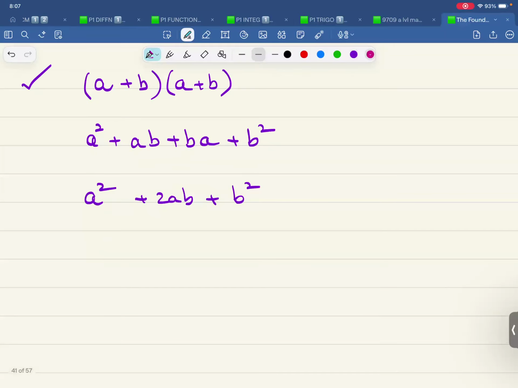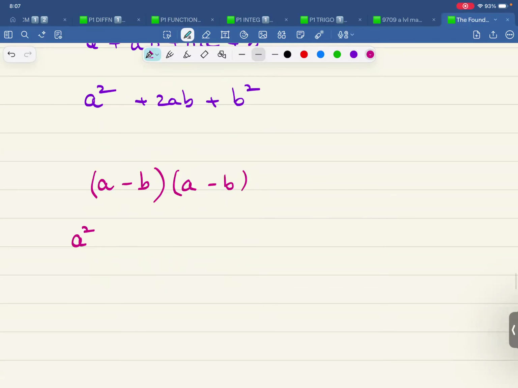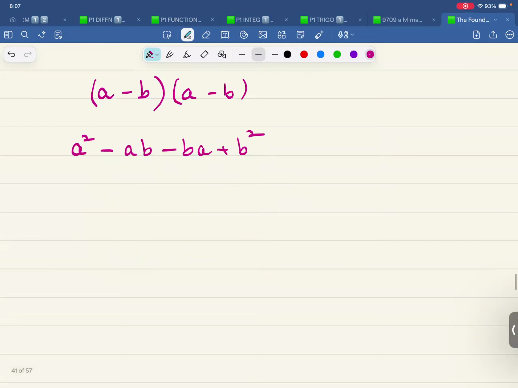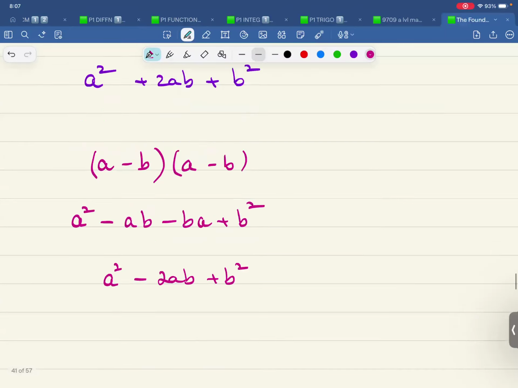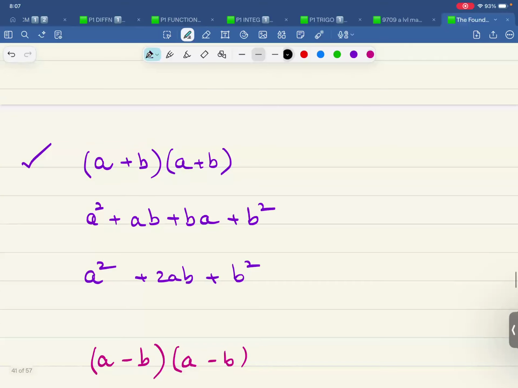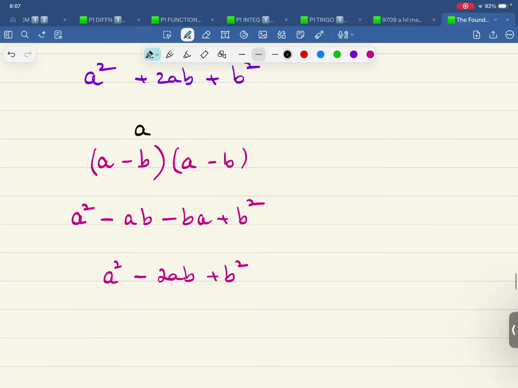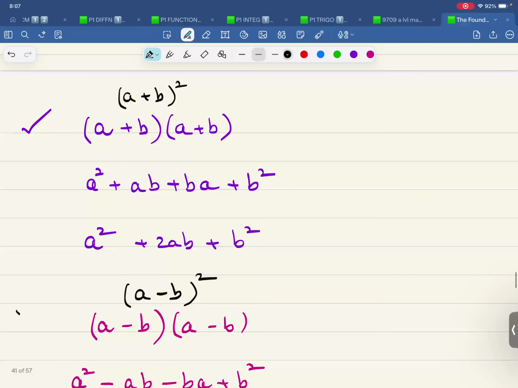If I multiply a minus b into a minus b, that is a square minus ab minus ba plus b square, which is a square minus 2ab plus b square. Now this can be written as a plus b whole square, and this one is technically a minus b whole square.